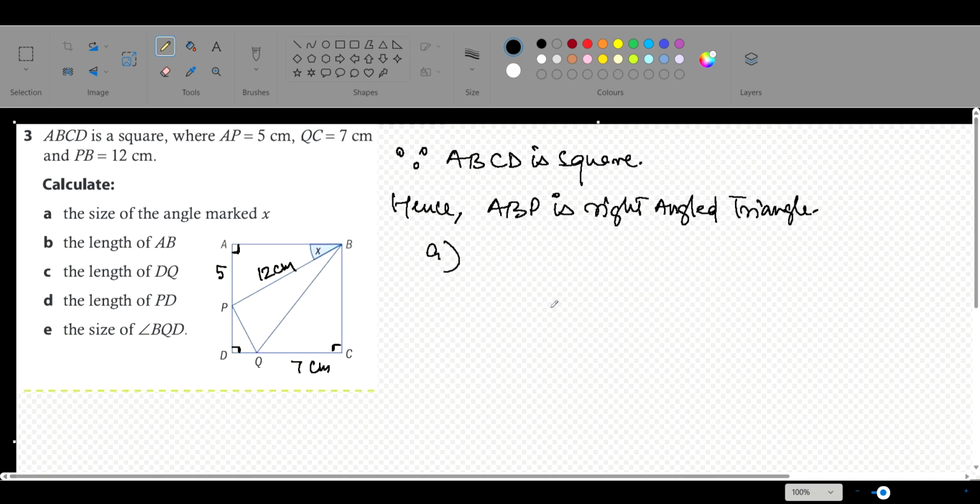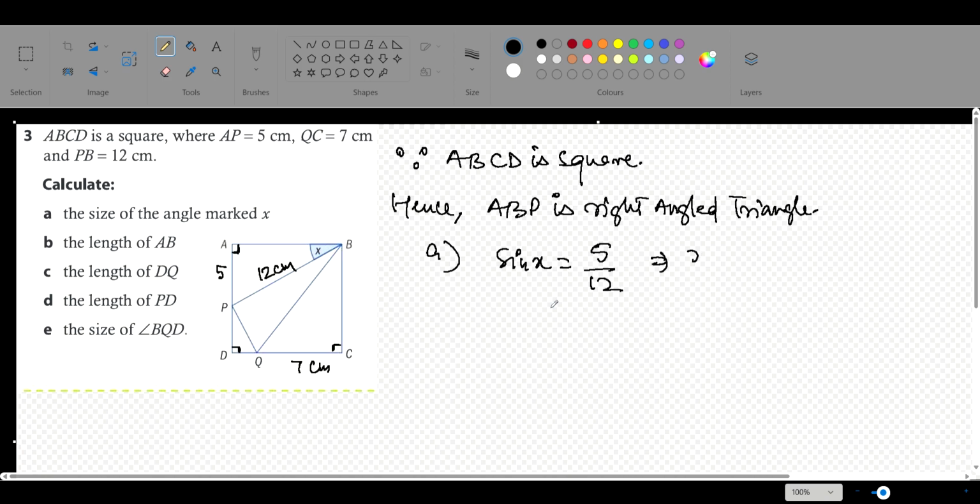Therefore you can use, we have AP, we have PB, so I can use here, that is opposite upon hypotenuse. So sine x is equal to opposite upon hypotenuse.